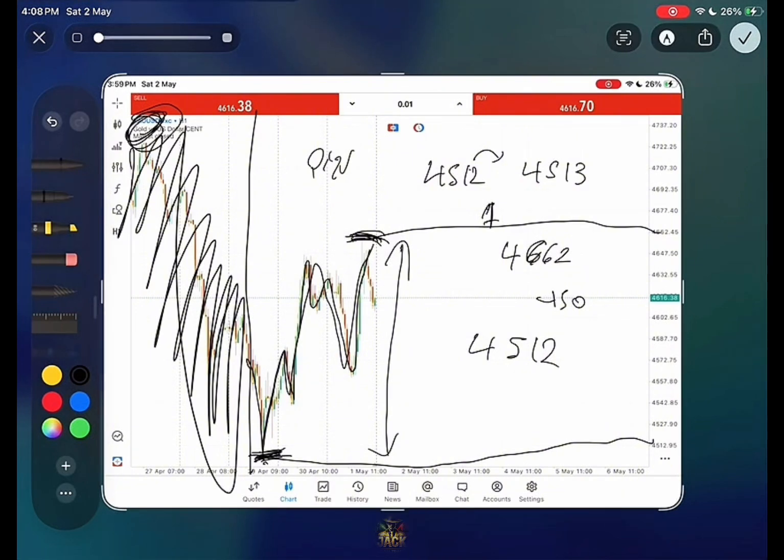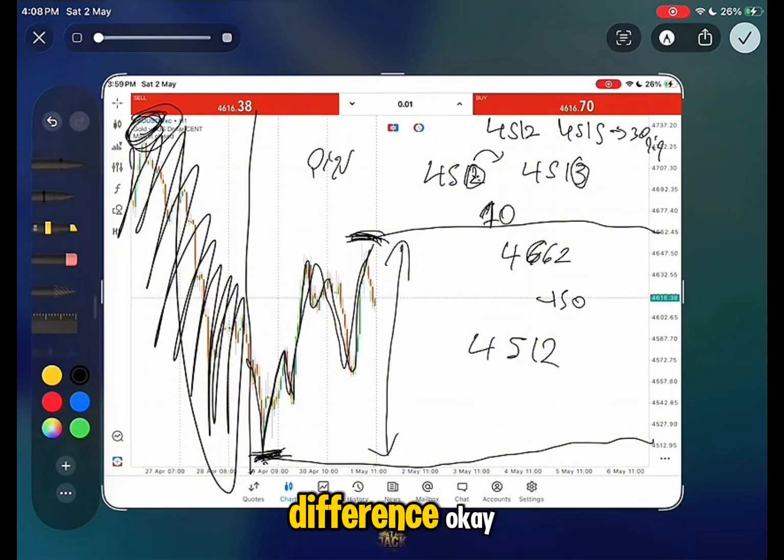Now, for each move that the price makes, as you can see, it increased from 2 to 1. It's 10 pips. 4512 to 4515. This is a 30 pip difference. 5 minus 2 is 3. Just add a 0, it's 30. All right, it's already 30 pips.